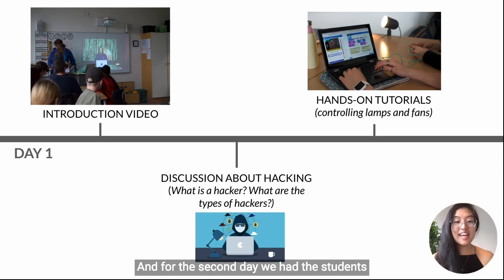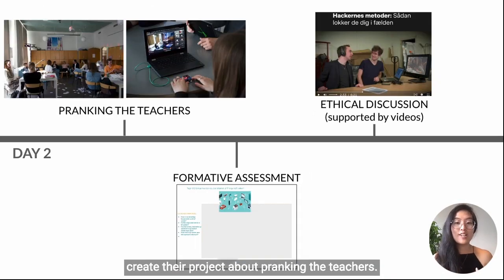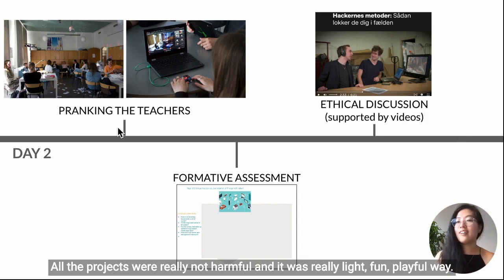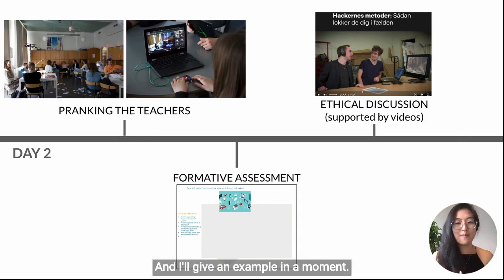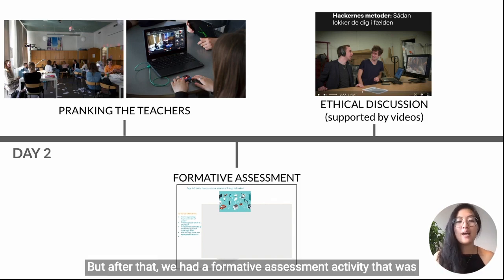For the second day, we had the students create their project about pranking the teachers. All the projects were really not harmful and in a really light, fun, playful way. I'll give an example in a moment. After that, we had a formative assessment activity to see how the students were seeing their own learning process.